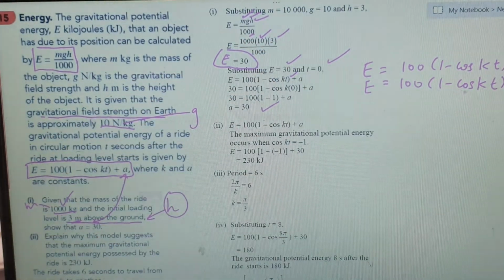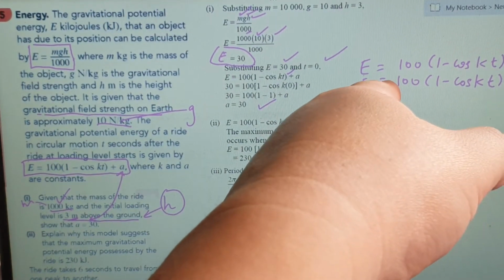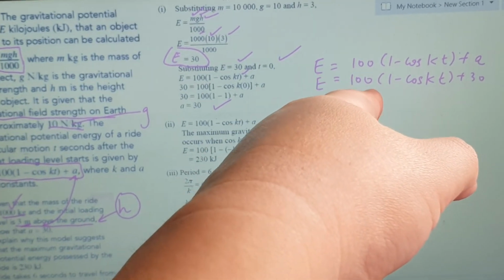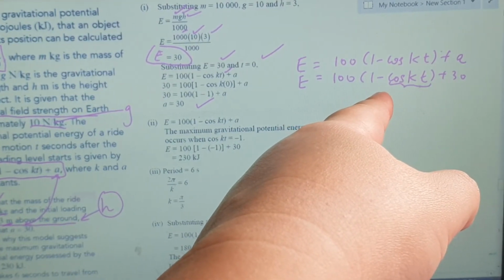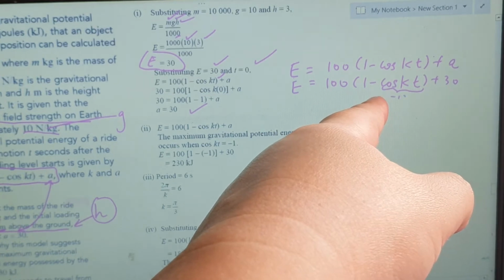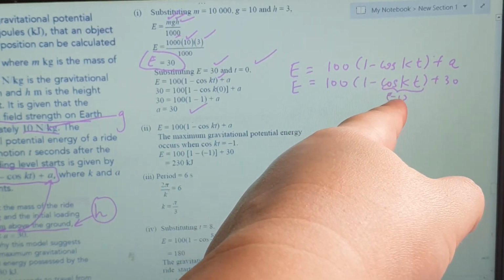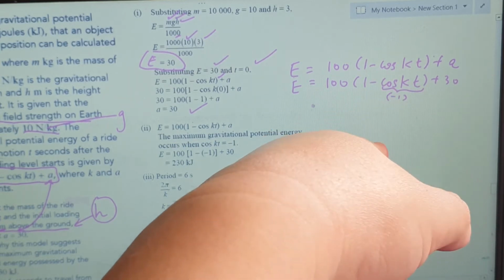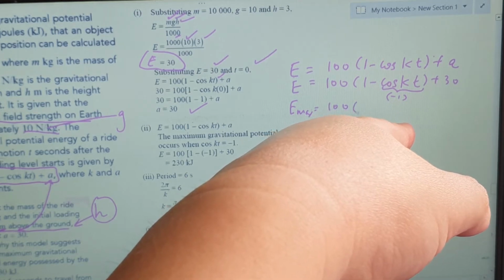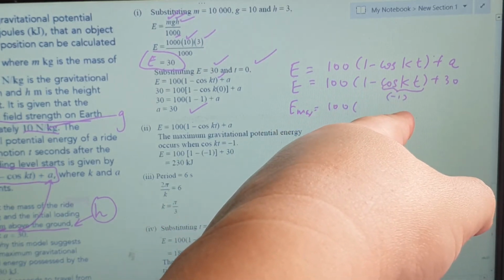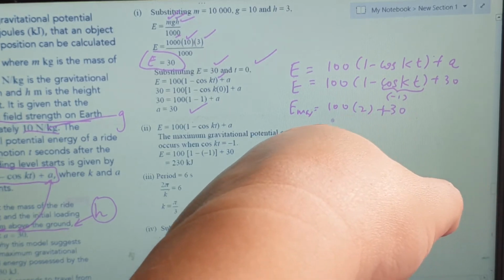Don't you agree that in order to get maximum E, for this number to be very, very big, my cos must be minus 1? So that 1 minus minus 1 is 2. So I will get E maximum equals 100 times 2, plus 30. Then I can get 230.